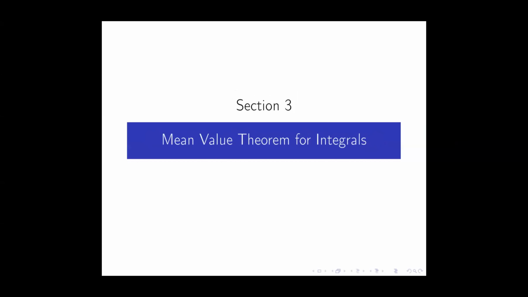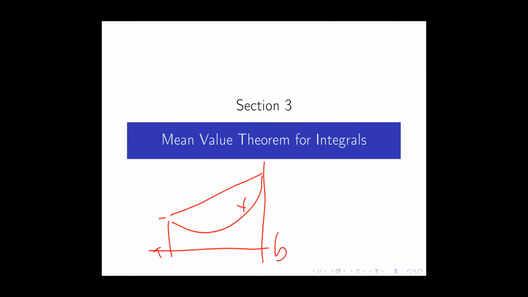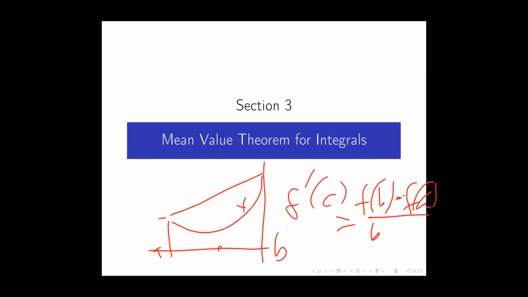I think you saw this in calculus one, maybe analysis one, sorry, that if you have a differentiable function from A to B, so this is f, then there exists a c between a and b so that f prime of c is f of b minus f of a divided by b minus a.